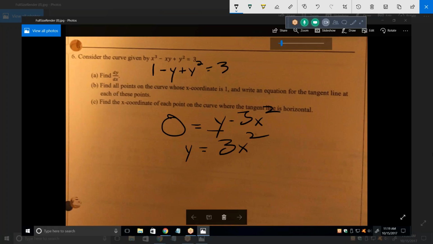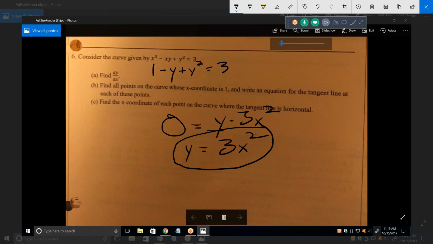That was the numerator of our derivative. That has to be 0. And there are numerous points, obviously, where that is 0. That's a parabola.